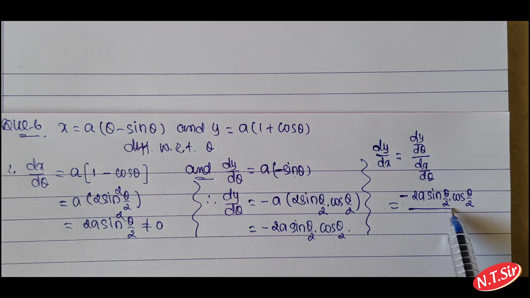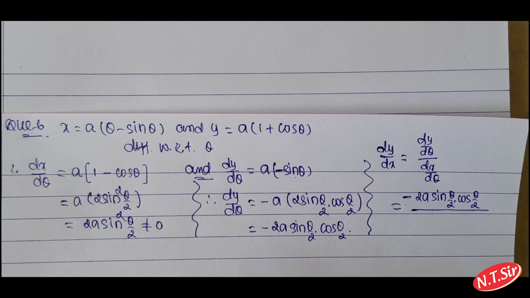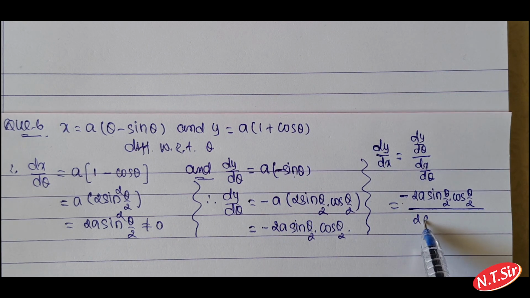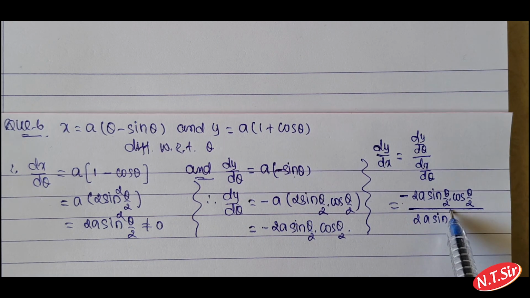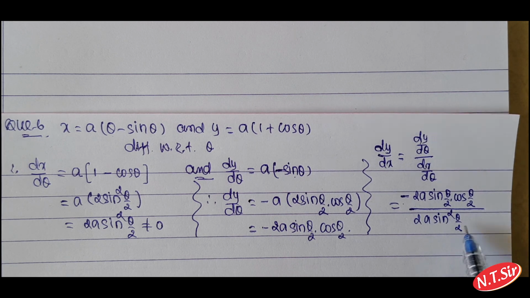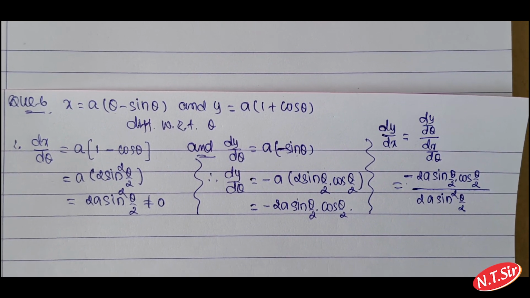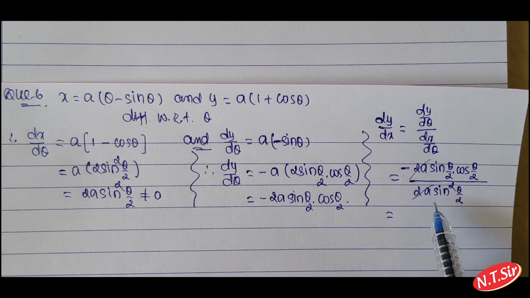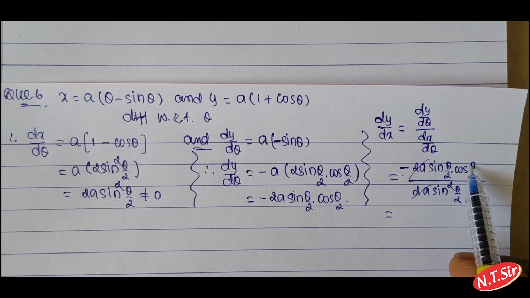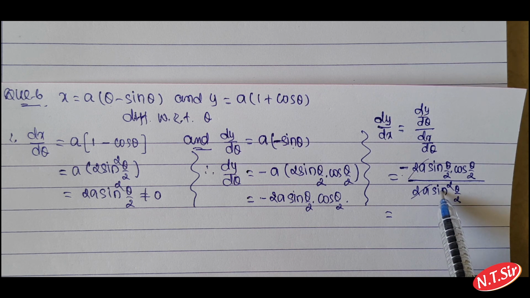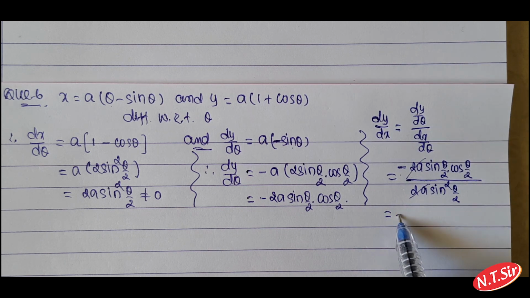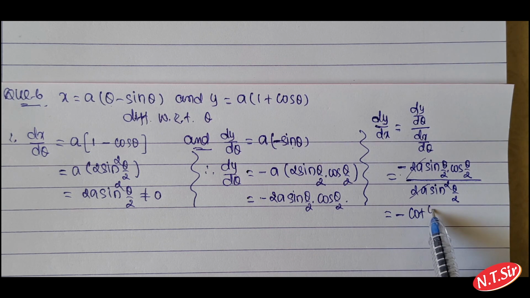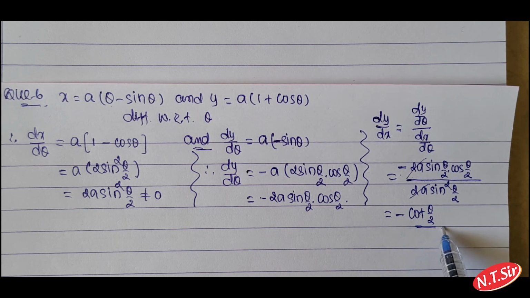Whole upon dx by d theta, which is 2a sin square theta by 2, right? So the final answer will be this: 2a we will cancel, one sin cancels, that is cos upon sin, that is minus cot theta by 2. So minus cot theta by 2 is the answer.